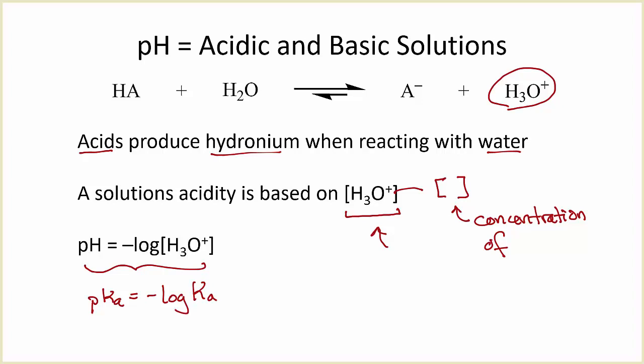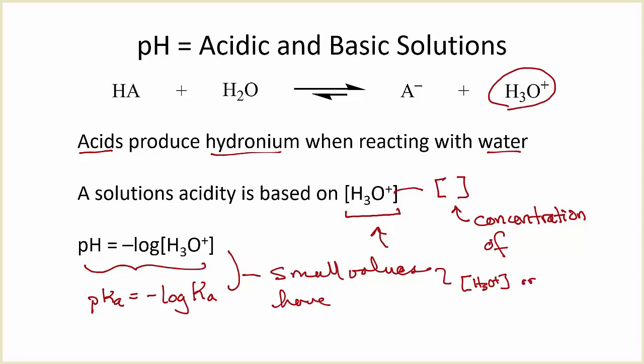Large values of Ka, or large hydronium concentrations, give small values, and small values of Ka have large positive values. So small Ka values give you high pKa values.